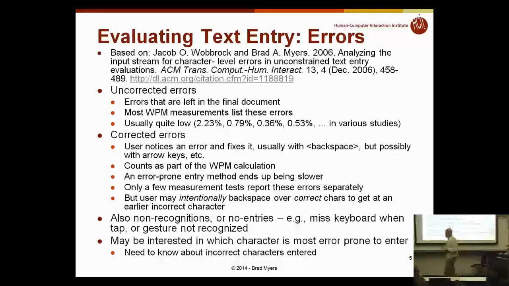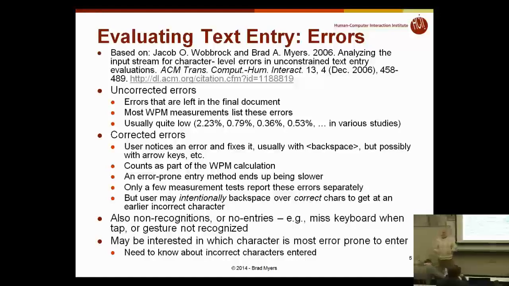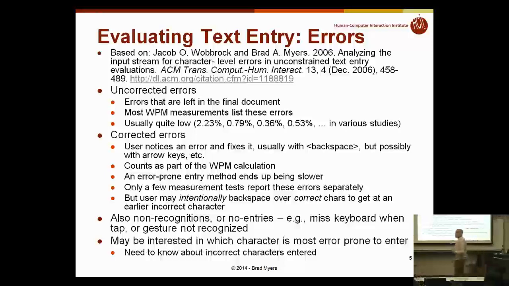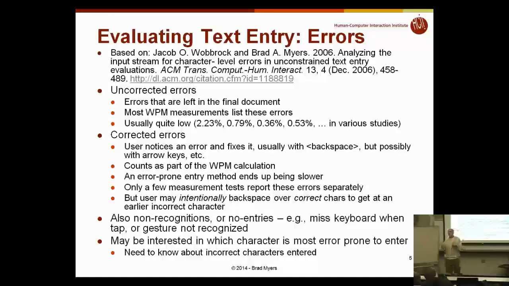If you're doing a timing test and it says type this paragraph, and you start typing until you hit the final return that says you're done, then if you do backspaces while you're typing, that counts as part of the whole total time, right? So corrected errors generally are part of the time measurements of how fast this text entry is. You end up with what you might call an aggregate measure.